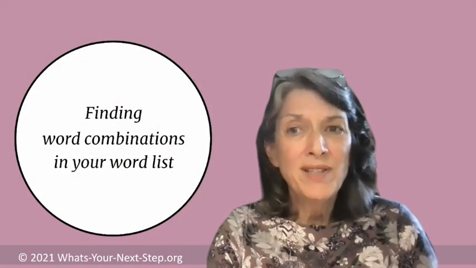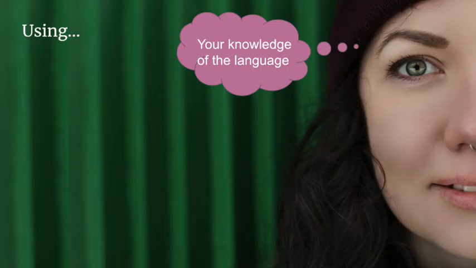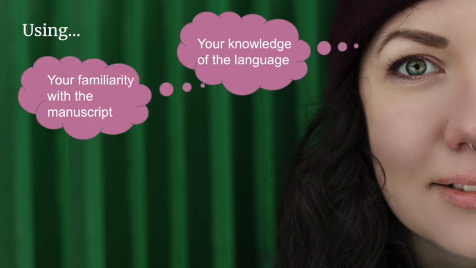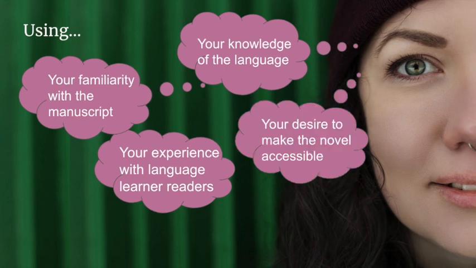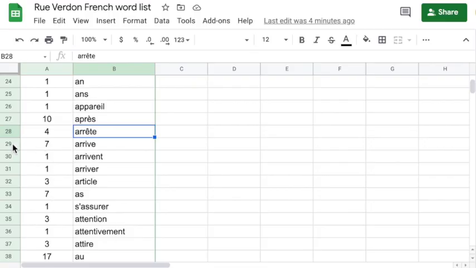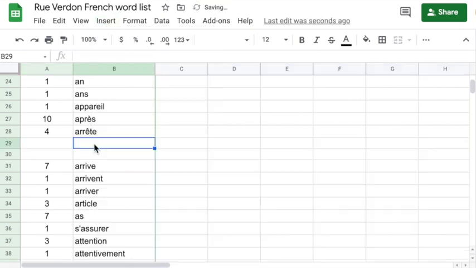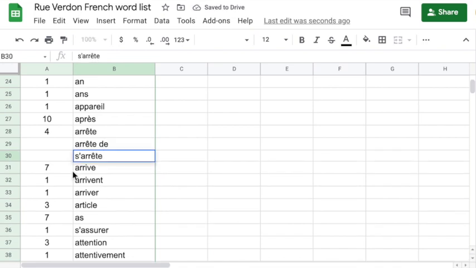As you scroll through your word list, you should notice entries that ring a bell in your mind based on your knowledge of the language, your familiarity with the language you used in this manuscript, your experience as a teacher, knowing what is likely to present comprehension challenges for readers who are still learning the language, and your goal as a writer to make your novel accessible to a wide range of readers, many of whom may have a different level and different knowledge of the language than your own students. And when we find those combinations, we add them to the word list. For now, we'll insert all the word combinations we find below the original entry for each word in the expression.